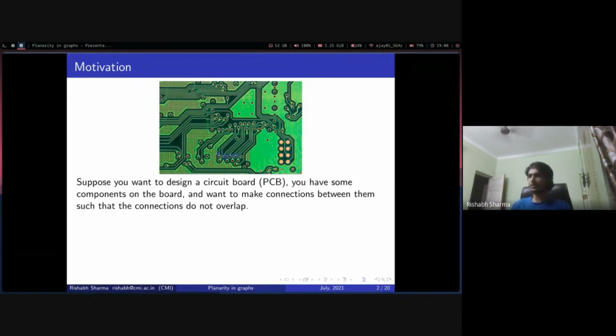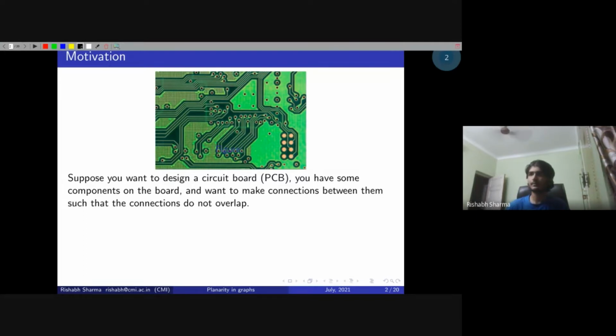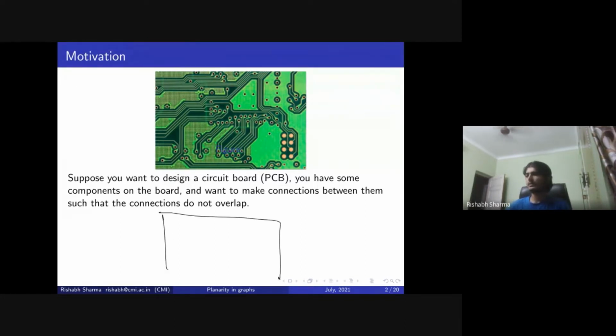You must have seen a circuit board if you have looked at some electrical components. The idea of a circuit board is that you have this board, and on it there are some electrical components attached, and you want to make electrical connections between them.